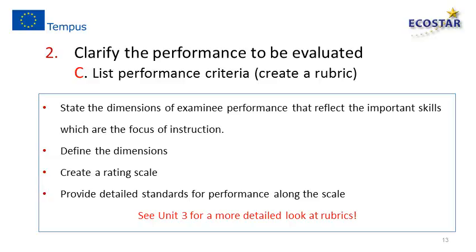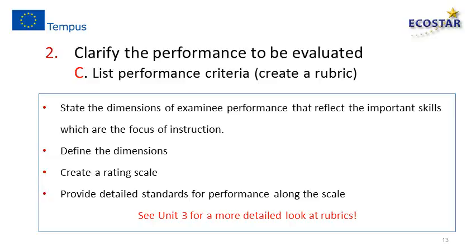Now, this slide relates to the actual rating of the product or the process. I'm going to go over this briefly now, but Unit 3 will go into how you rate a performance in much, much greater depth. So now we're just going to touch on it briefly, and then we'll go through it more in Unit 3.